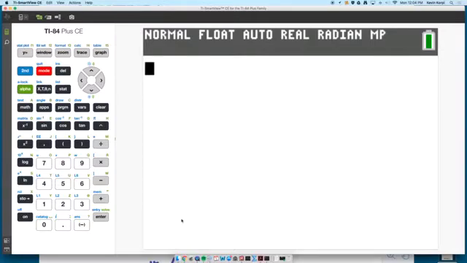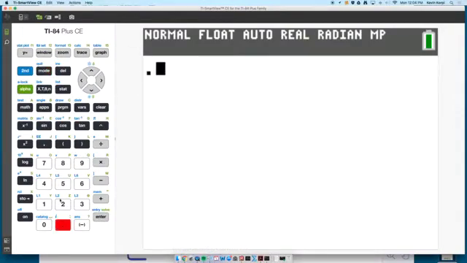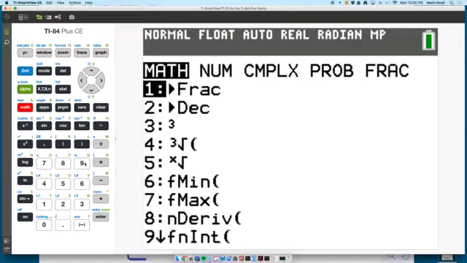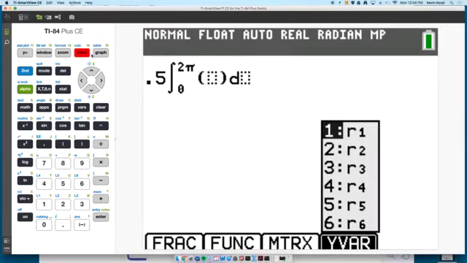Let's type in the one that we actually evaluated, this one here in the light blue. So I'm going to type it in as 0.5, math 9, and I'm still in polar mode, I'm going to go from 0 to 2 pi. And now when I recall my function, it's r squared. Where's my function? Alpha trace.